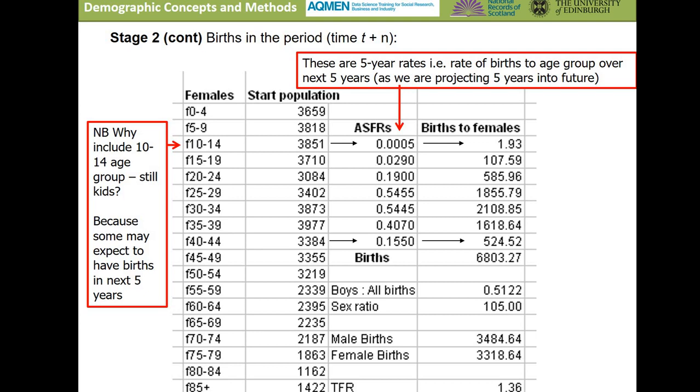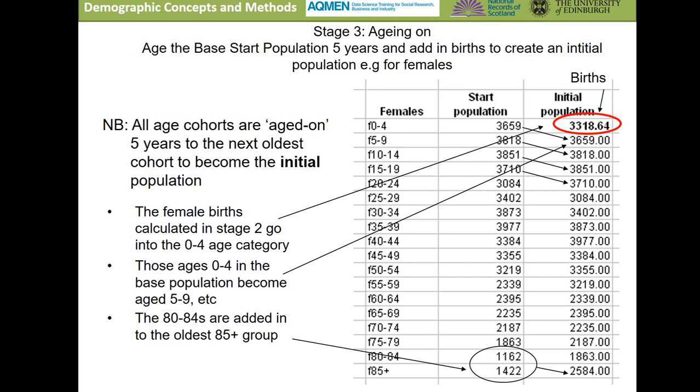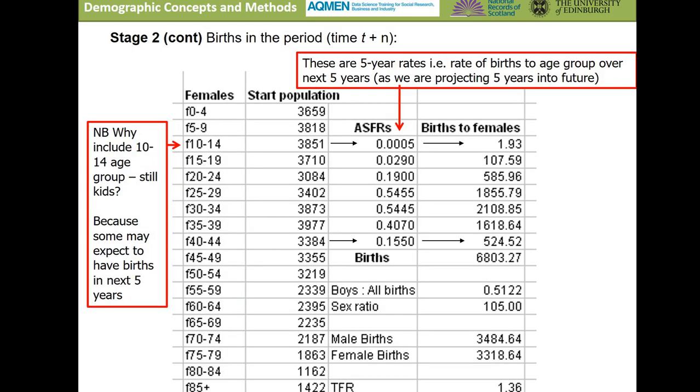We can then calculate the male births and the total number of female births. So we have 3,484 male births over this first time period. And we have 3,318 female births over this first time period.